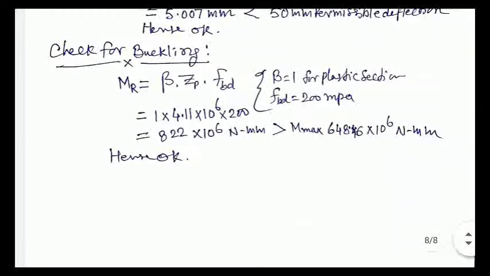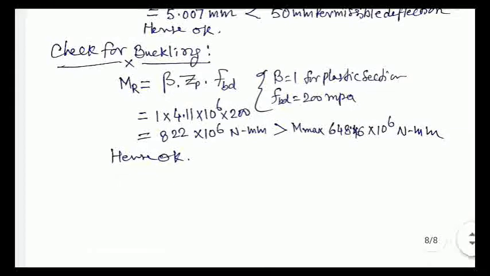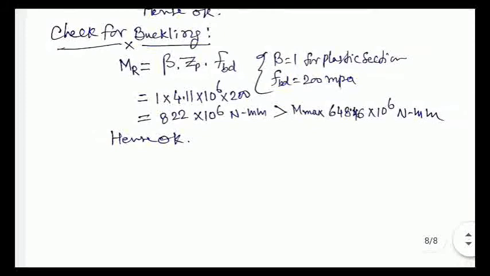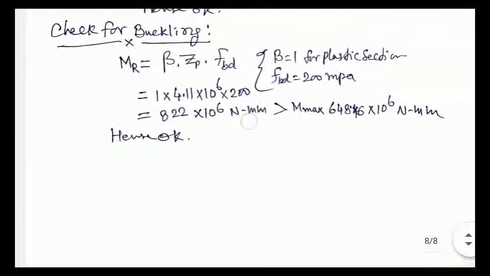Now we have to check it in buckling also. For the buckling check, the moment of resistance MR should be beta into Zp into Fbd, where beta is 1 for plastic section, and Fbd is 200 MPa as recommended by the code. So this comes to be 1 into 4.11 into 10 raised to power 6 into 200.